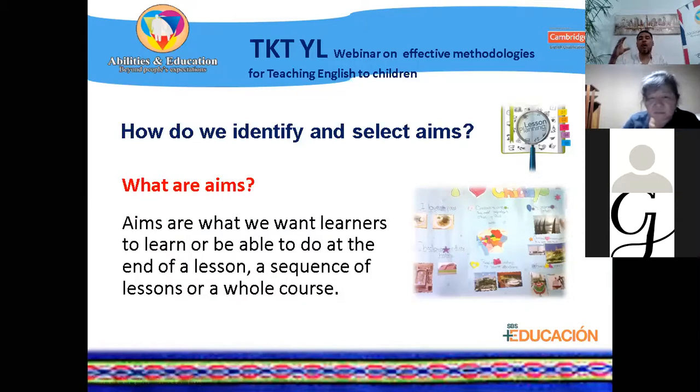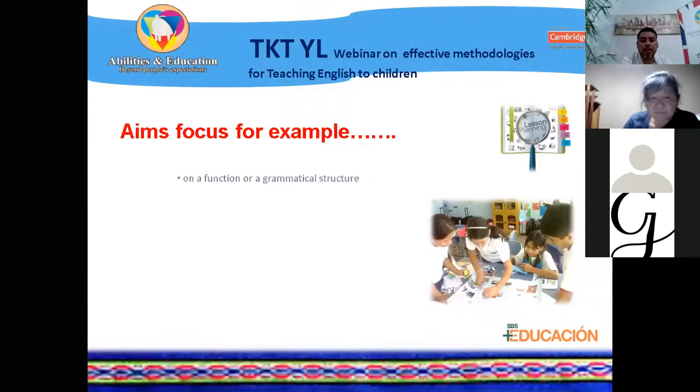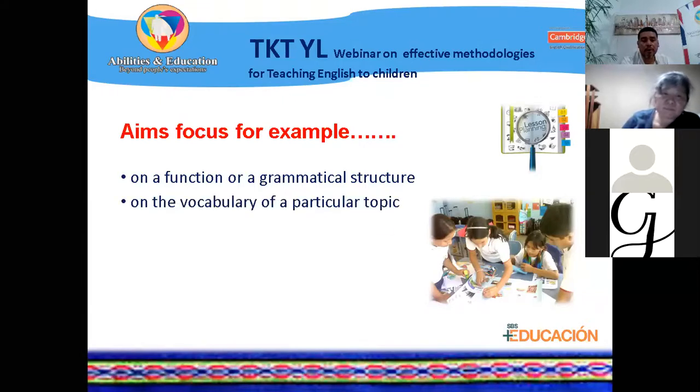Yes, aims are what we want learners to learn. Aims are what we want the students to learn or be able to do at the end of a lesson, a sequence of lessons, or a whole course. Aims focus, for example, on a function or a grammatical structure, because sometimes our aim is that students are good at writing, at producing language, let's say regarding the present simple, the past simple, or the future going to.